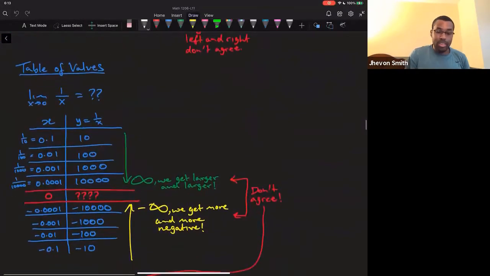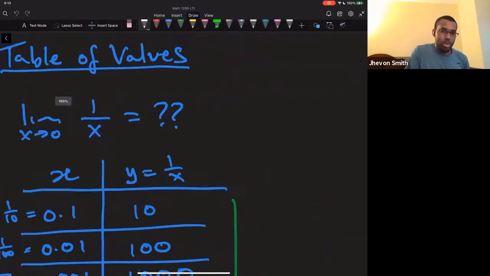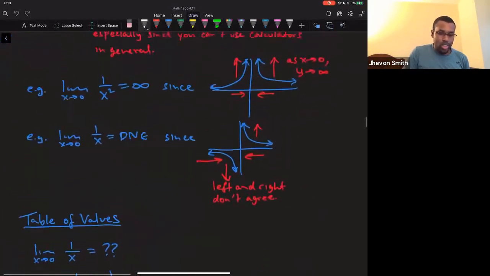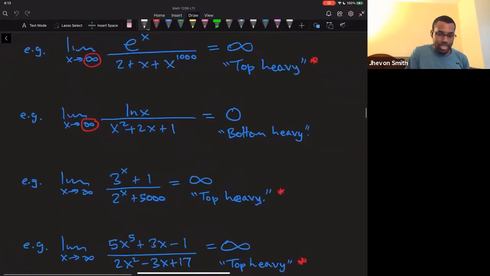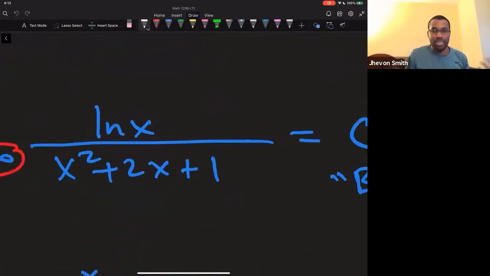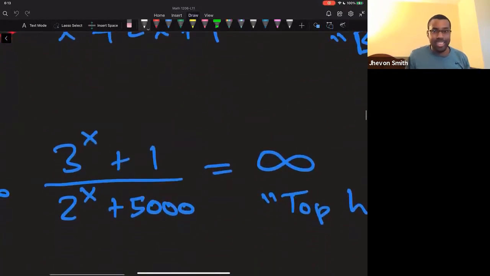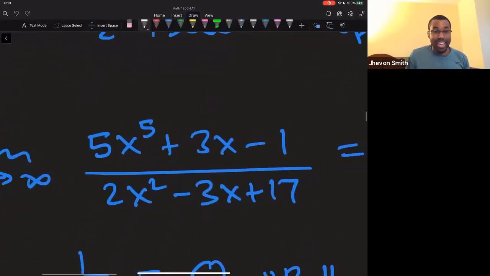You can use a table of values, which is a valid approach, but it's usually not going to be very efficient. This is a very nice thing to plug numbers into, but you don't want to have to plug numbers into something like this, or something like that. If you're approaching 5, you do not want to be plugging in 4.999 into this thing.